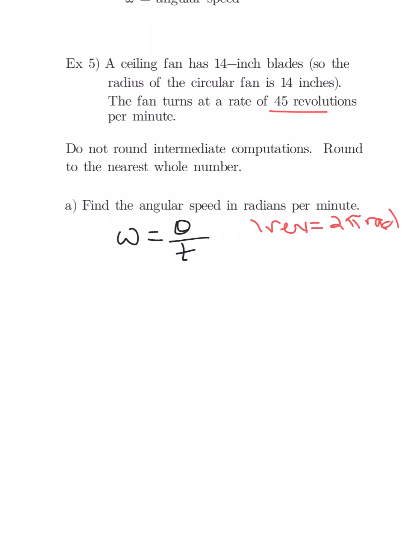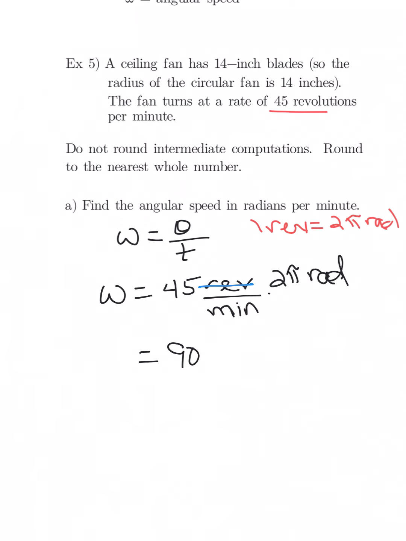So we need to, just for omega, take 45 revolutions per minute times the 2 pi radians, because we are doing 45 of those 2 pi's. And when you say of like that, you multiply. As soon as you take revolution times radians, revolution goes away. So what we now have is 90 pi radians per minute.